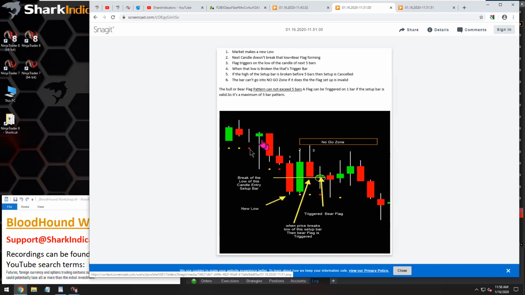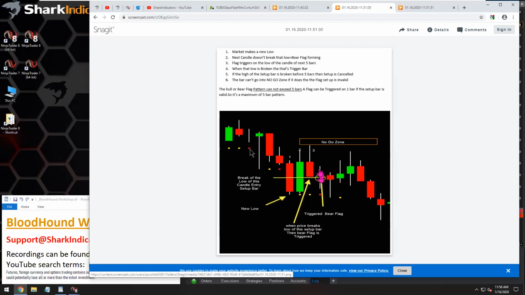So we can see here, when we're in a downtrend and generating a down flag pattern, the lows go higher and higher. The first bar that breaks the highest low within our flag pattern is what's going to generate the signal.